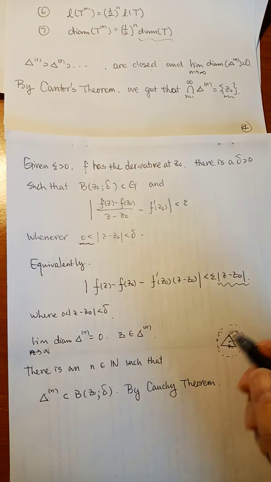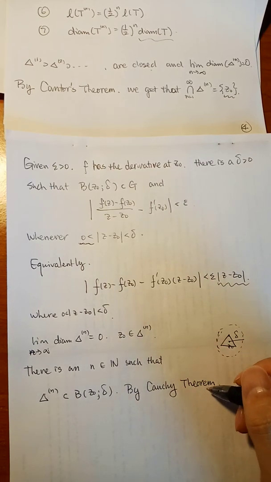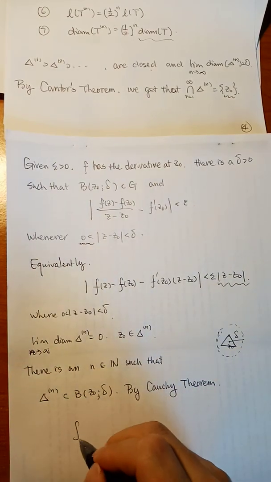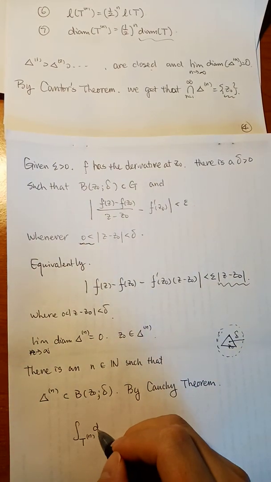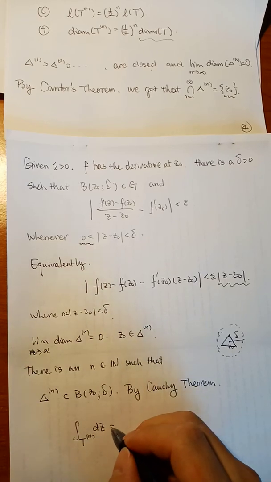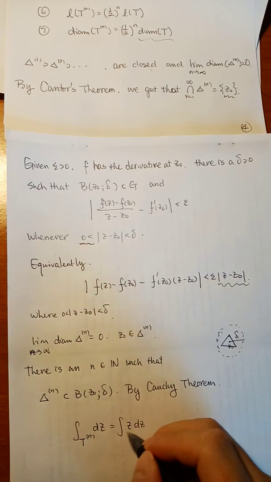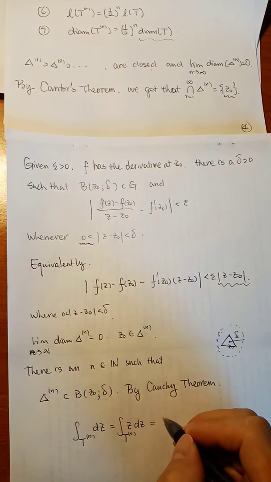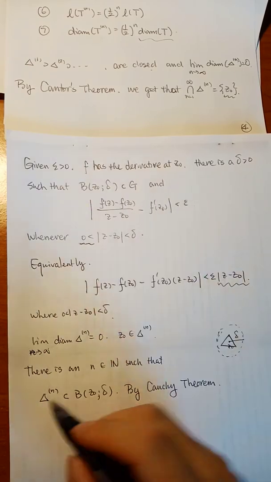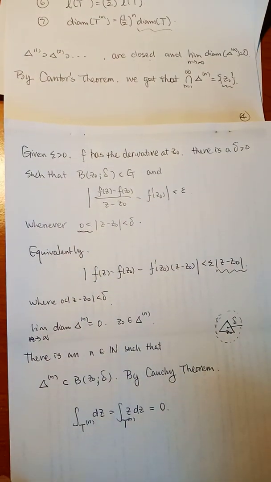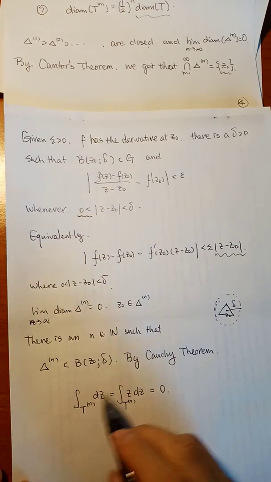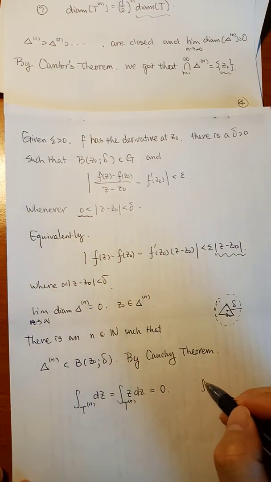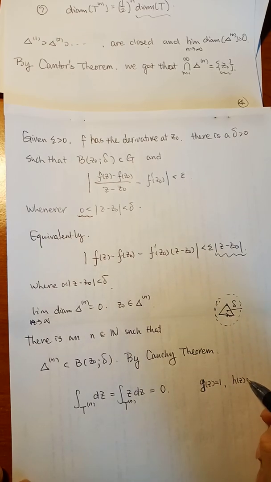Over a closed path is 0. So what is an analytic function? A constant function is an analytic function. Constant 1. And z is an analytic function. So we just apply the Cauchy theorem for those two special functions. They are both 0. And Tn is the boundary of delta n. Okay? So just for these two special functions, let's not use f, let's use g. g is equal to 1, h of z is equal to z. They are analytic.